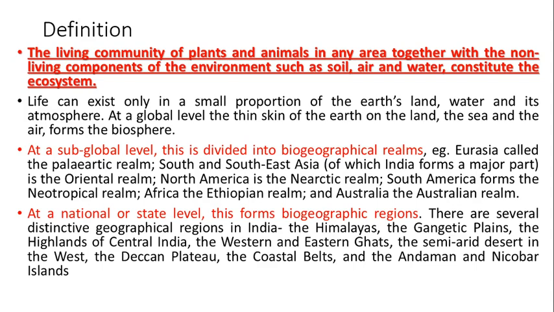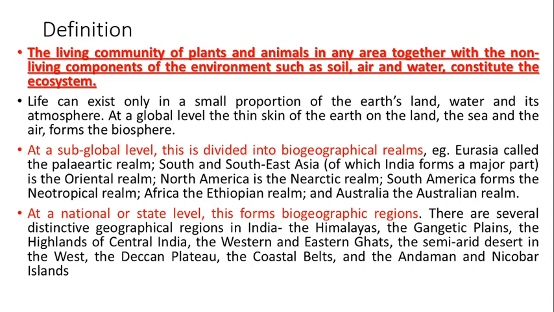What does it mean? This is nothing but a sub-global level. We classify it in different levels. Let's say South Asia or Southeast Asia, or you can say Eurasia, which is called the Palearctic realm. Then South and Southeast Asia, provided in this slide, is called the Oriental realm.